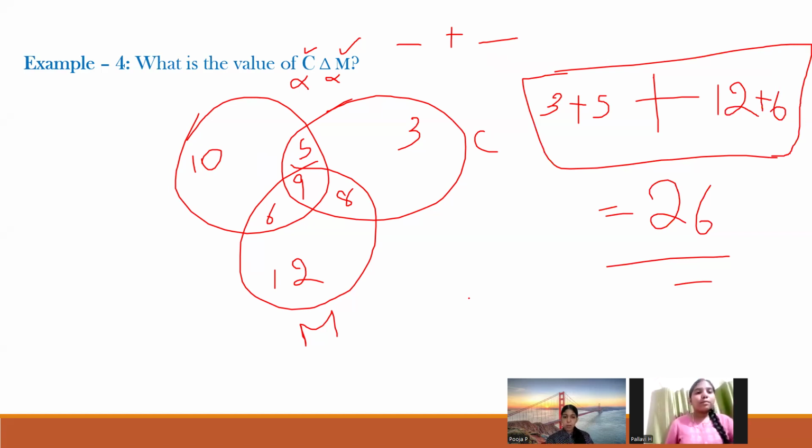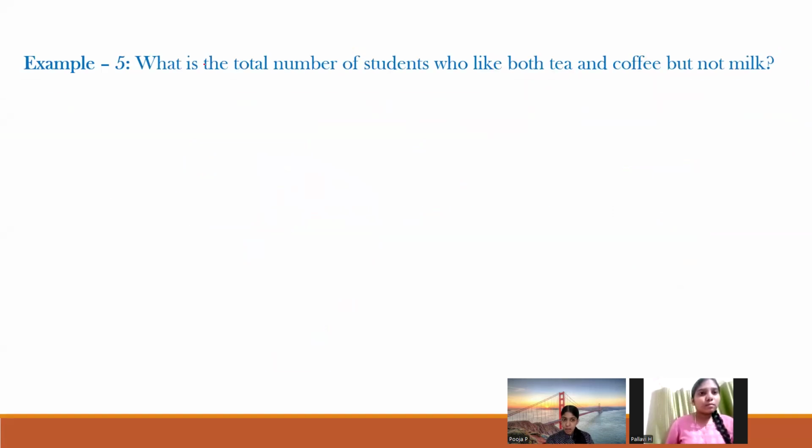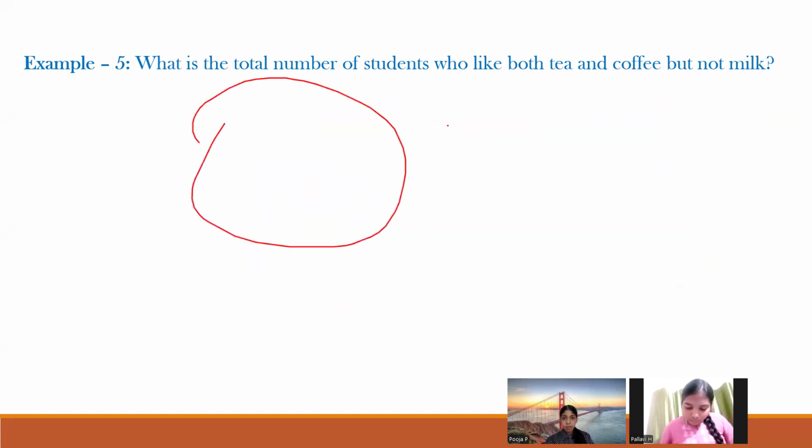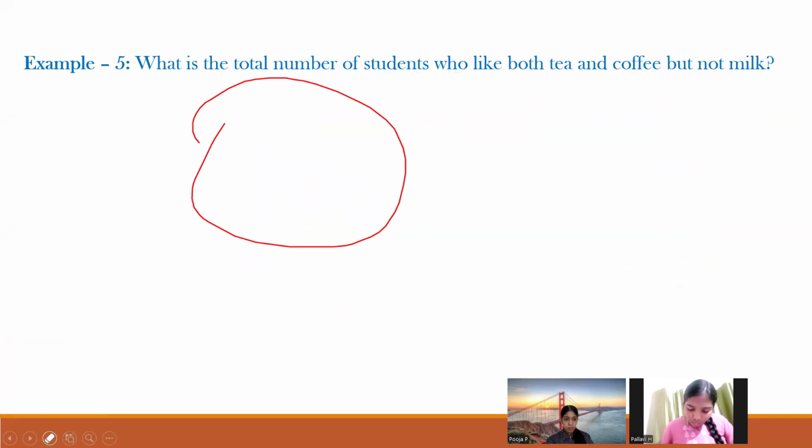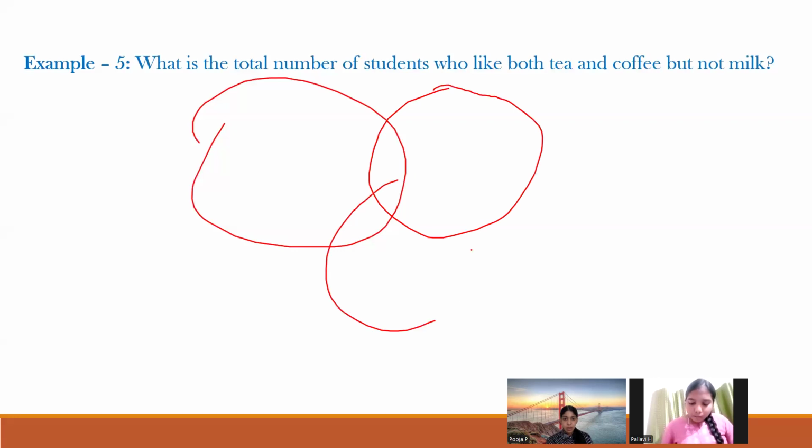Yes, ma'am. Okay. So moving on to the last sum for today, and that is, what is the total number of students who like both tea and coffee but not milk? So you have tea, you have coffee, you have milk. There was a student who likes both tea and coffee but not milk.